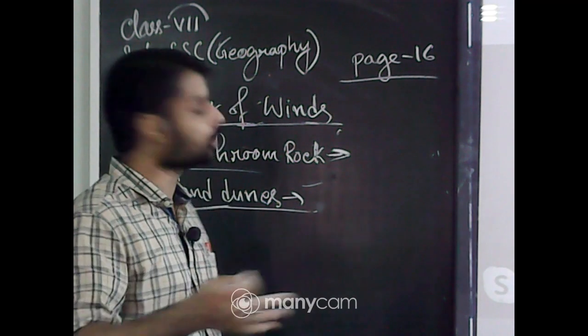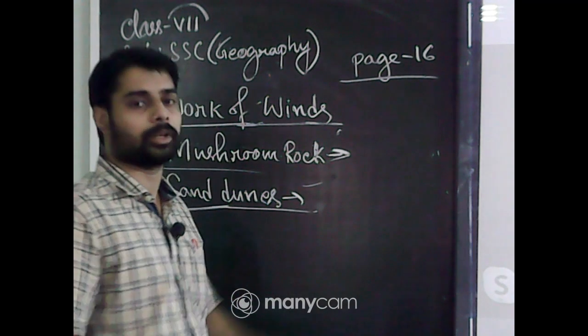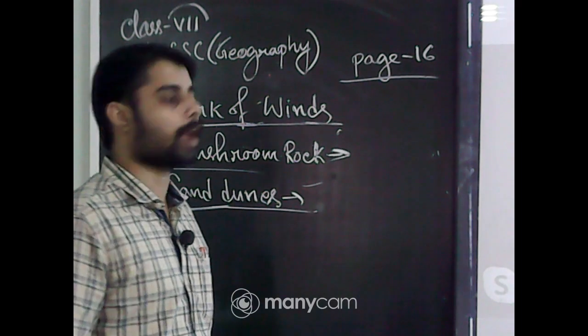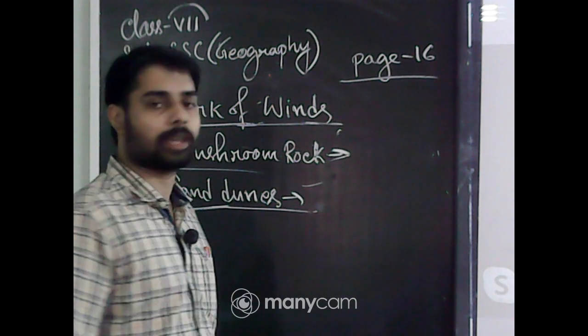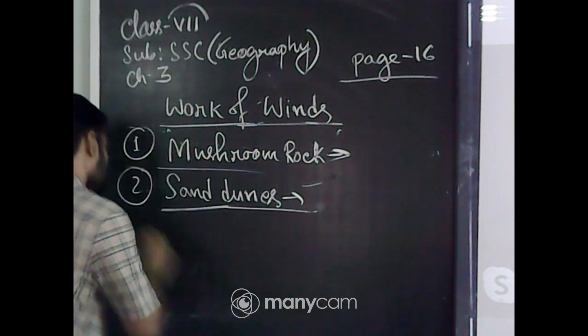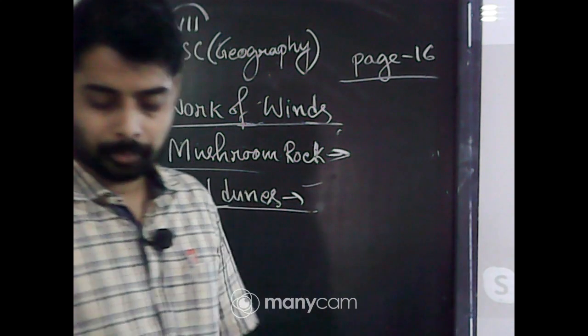When wind blows, it carries sand and deposits it in another place. When the sandstorm or the wind stops, the deposited sand creates hill-like structures called sand dunes.